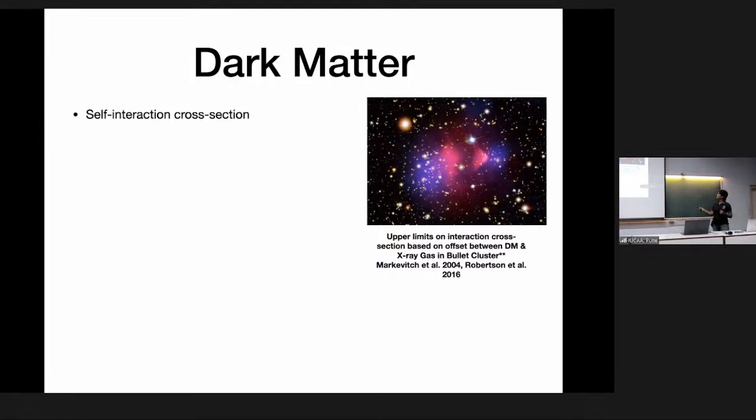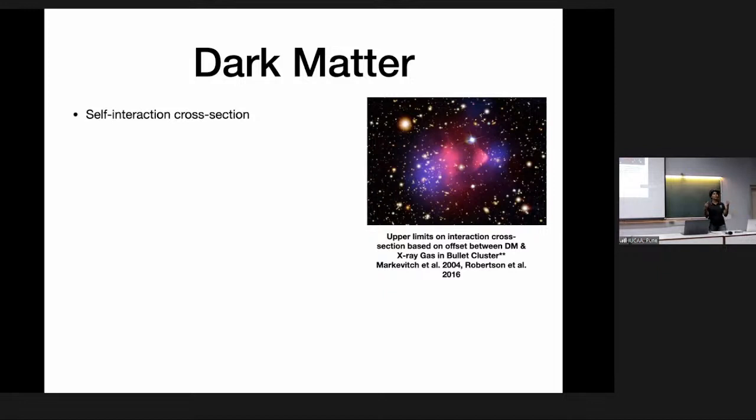So people have used this kind of system to look at the offset between the dark matter and the optical galaxies and the X-ray or the gas component to determine what the interaction cross section of these dark matter particles is.